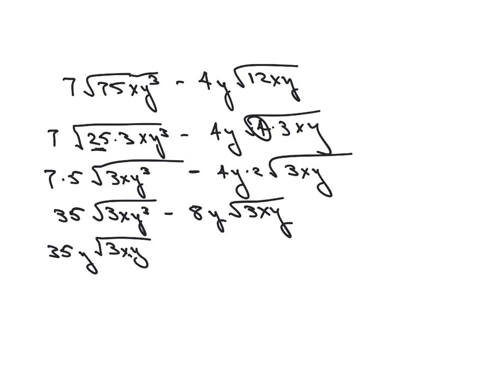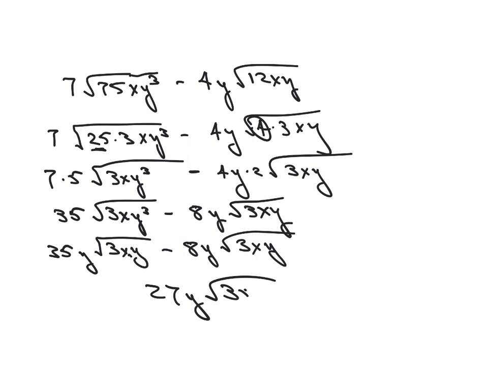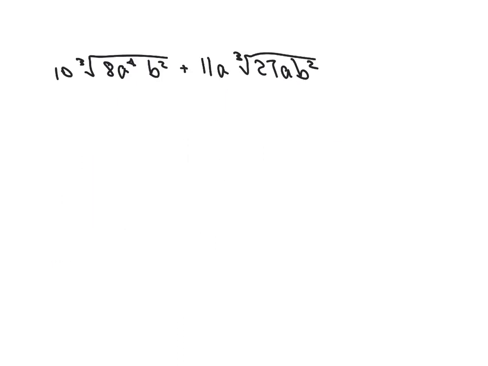So 1y stays in there. We pulled 2 out, left 1 in. Can't do anything with 3xy over here. But we have a 3xy and a 3xy, so I can take 35y minus 8y. And that ends up being my answer, and I'm done.